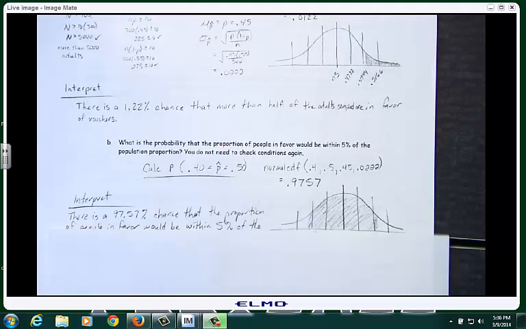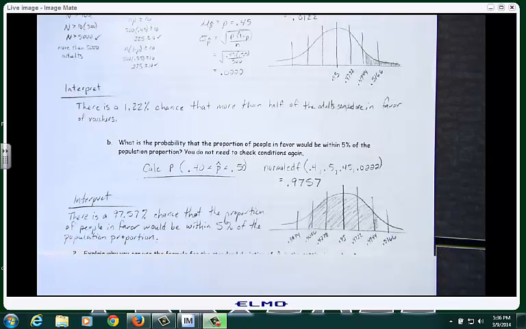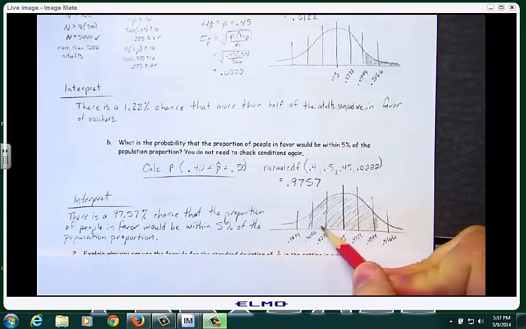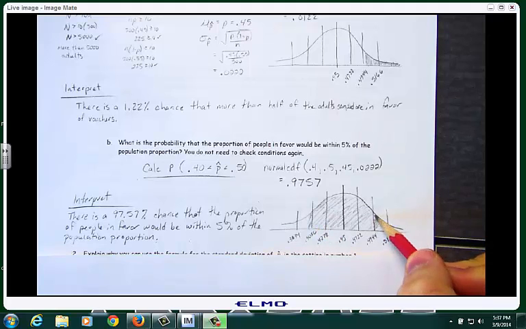Interpreting this, there is a 97.57% chance that the proportion of people in favor in our sample would be within 5% of the population proportion. In the sketch, the shading would go just to the left of 2 standard deviations and just to the right of 2 standard deviations.